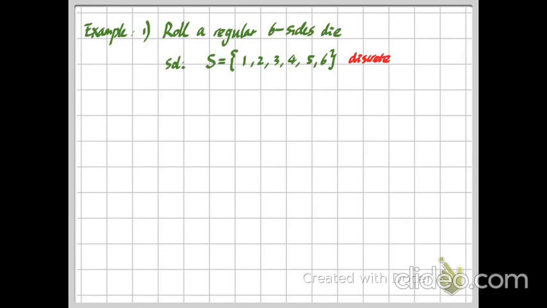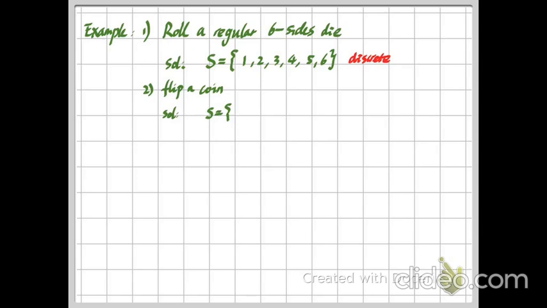Then let us give another example. The second one is if we flip a coin. What will we get? We will get two possible outcomes: one is a head, and the other is a tail. So this sample space is still one where we can list the outcomes, so it is also a discrete sample space.